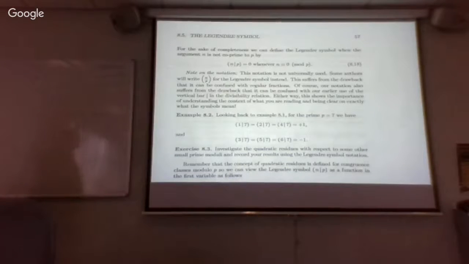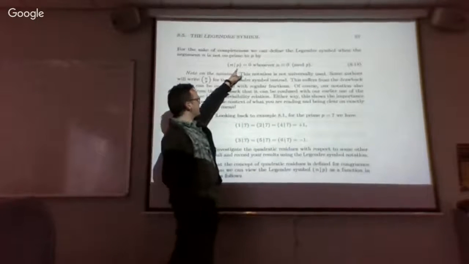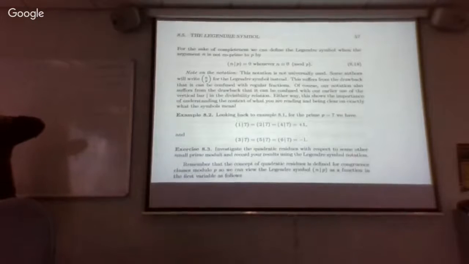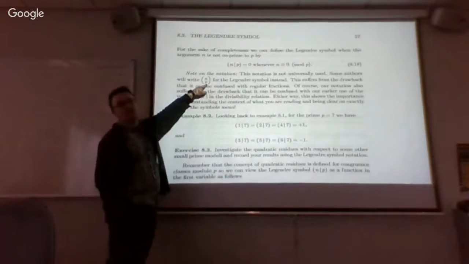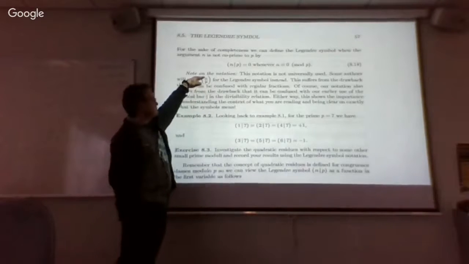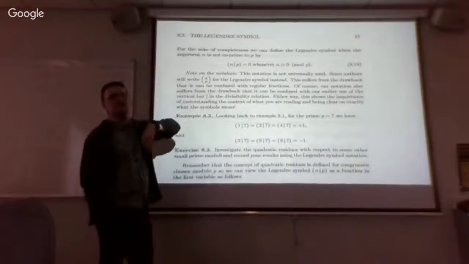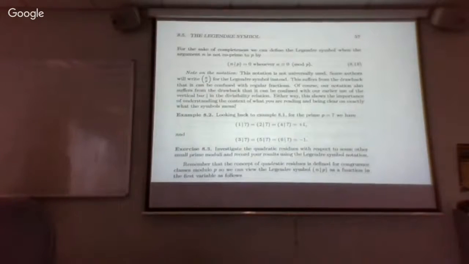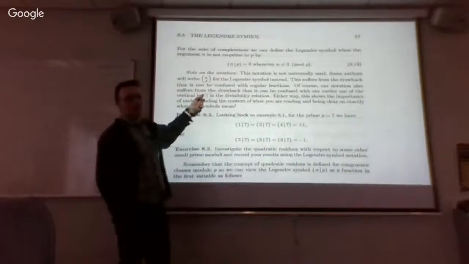Now, while we're on the subject of notation, this way of writing the Legendre symbols is what about half of authors do. The other half of the time, you'll see them written in this fractional form. You do a fraction n over p, with a pair of brackets around it, and you're meant to understand that as the Legendre symbol. Obviously, it's purely arbitrary whether you write it in a row or a column.